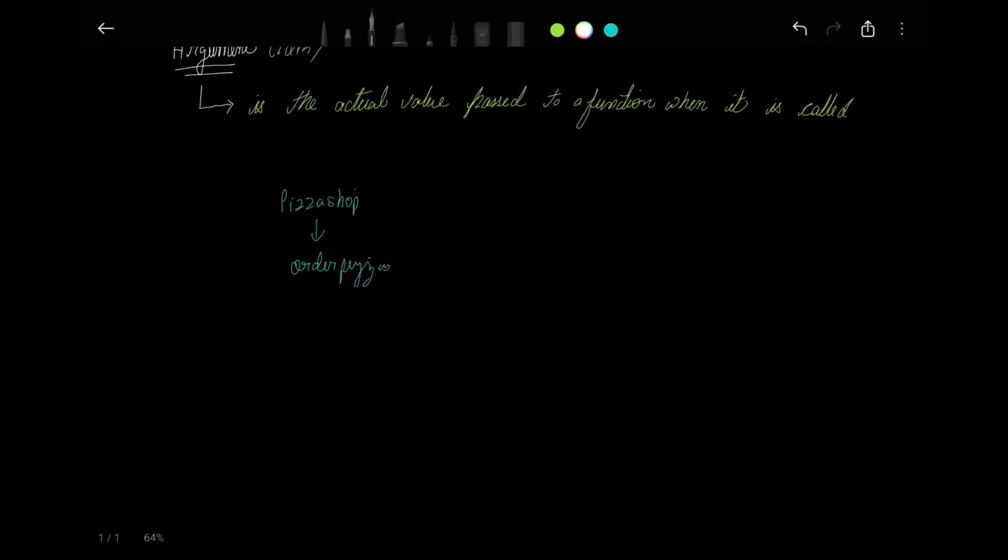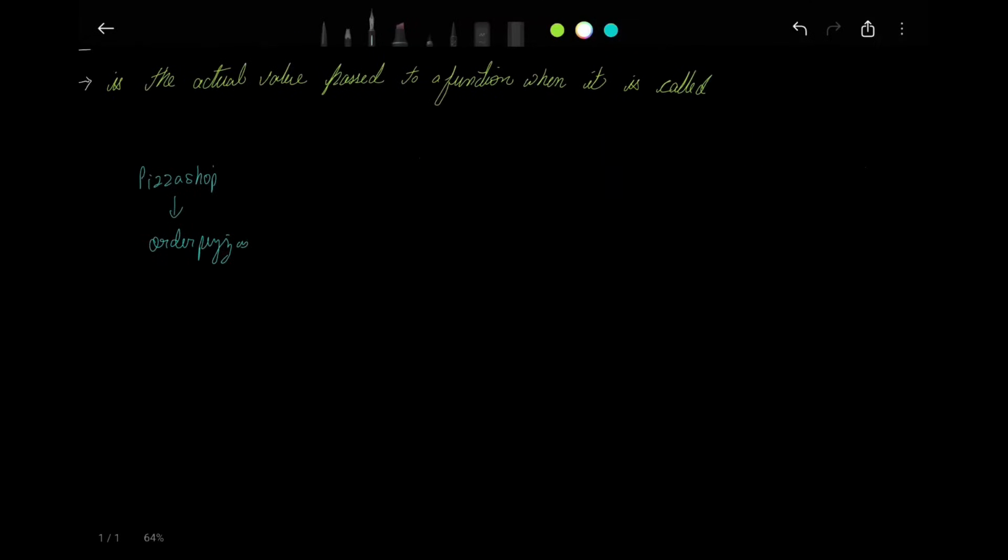The primary differences between parameters and arguments are: a parameter is written in the function definition, while an argument is passed during every function call.